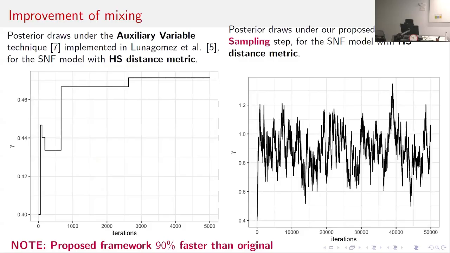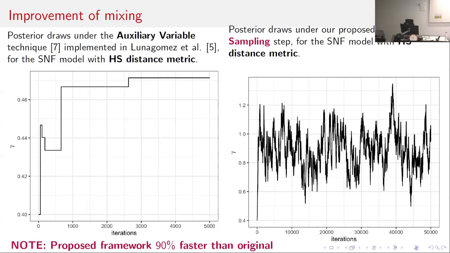And here is a simulation example exploring the two approaches, both of them with the Hamming symmetric difference distance, because the problem came when we used our distance metric within the SNF model. On the left-hand side is the auxiliary variable technique that I described, which we can see is really sticking.